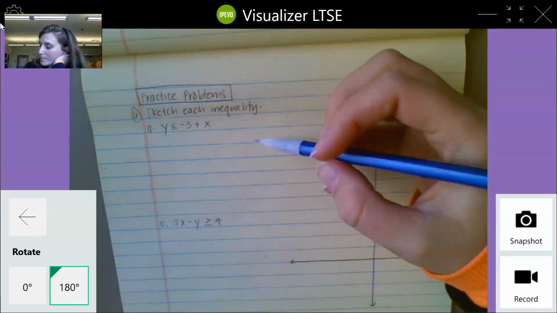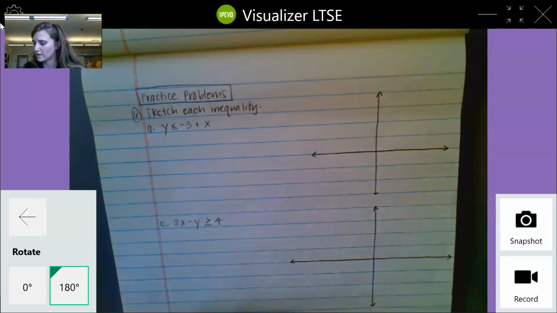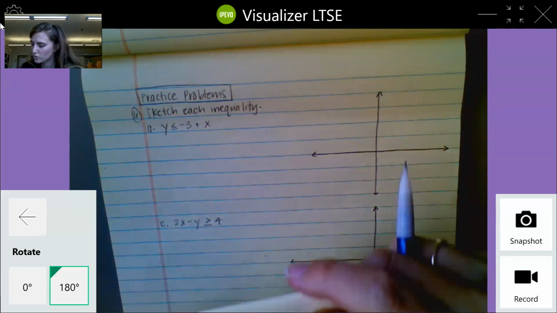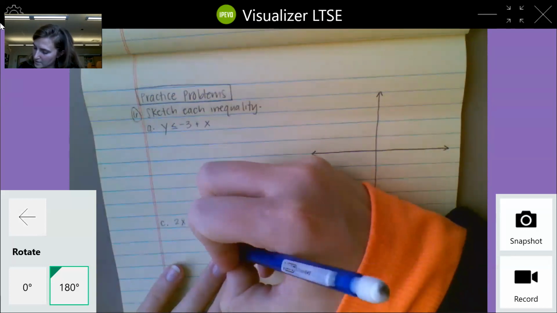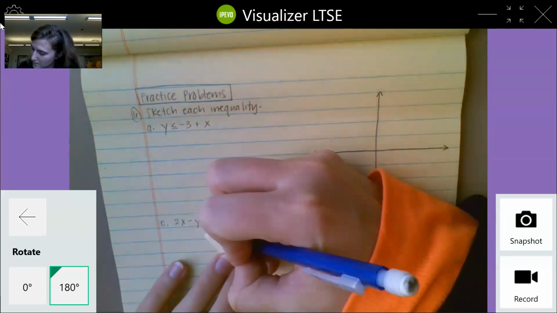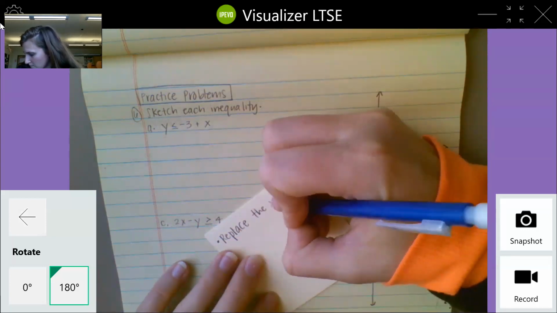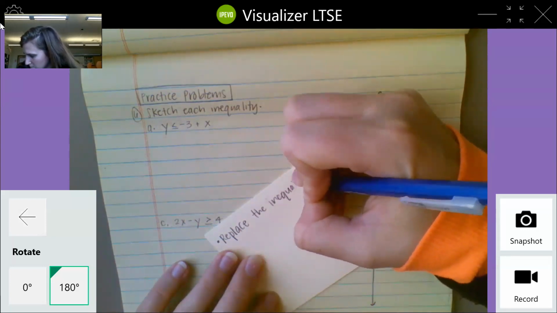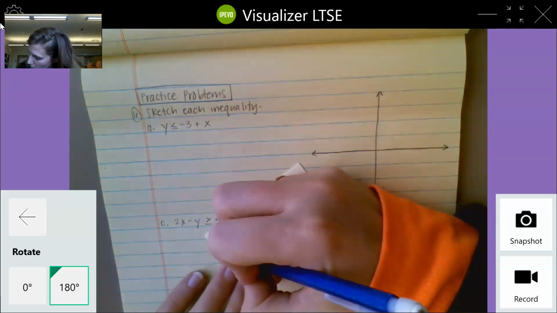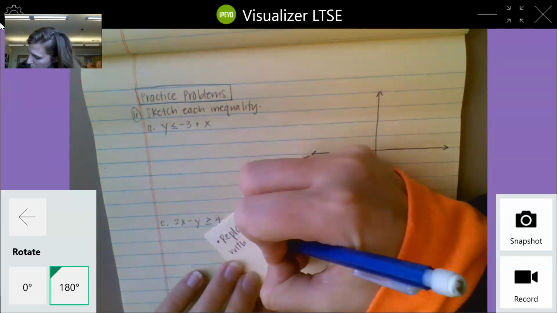So the first one, again, let's write down our steps. First thing we need to do is replace the inequality with an equal sign.